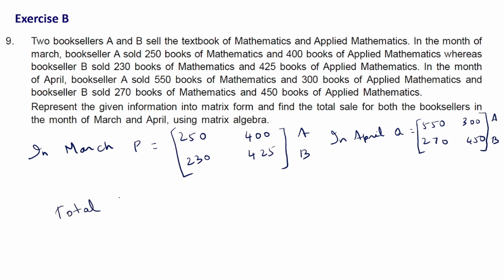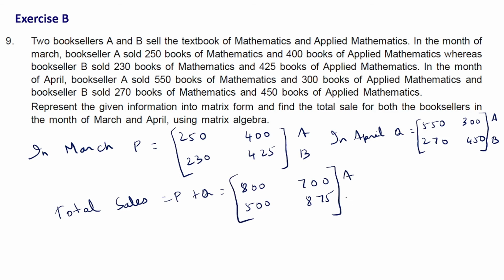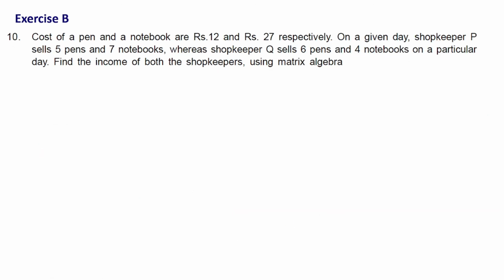So total sales can be calculated as P plus Q. P plus Q is equal to 250 plus 550, 800, then 400 plus 300, 700, then 230 plus 270, 500, then 425 plus 450, 875. The first row is bookseller A, and the second row represents bookseller B. This is how we can represent this in the matrix form.